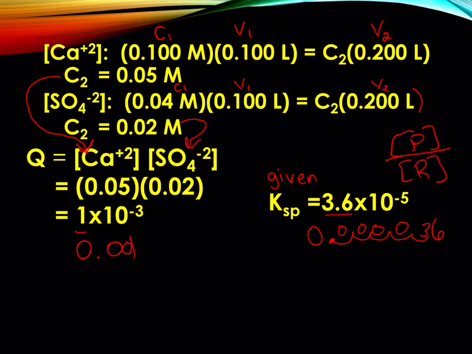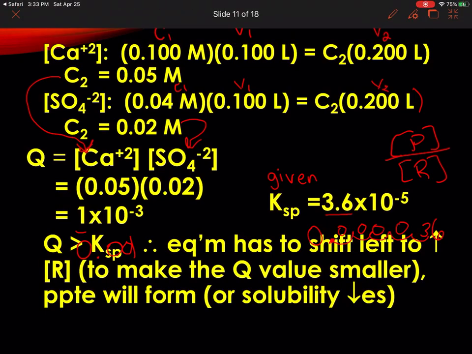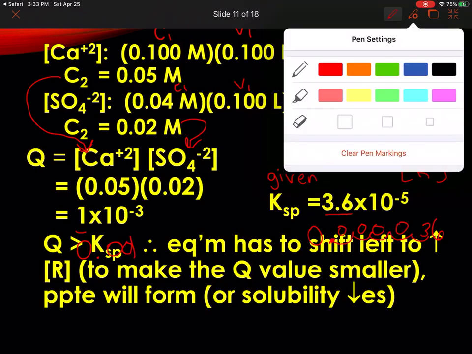Okay, so Q is much bigger than KSP, so that means that the equilibrium, so if Q is too big, then the products are too big, or the reactants need to get bigger, whatever way you like to think of it. So it has to shift left, and on the left-hand side, every time we do a solubility question, will be the solid, so precipitate forms. So Q is greater than KSP.